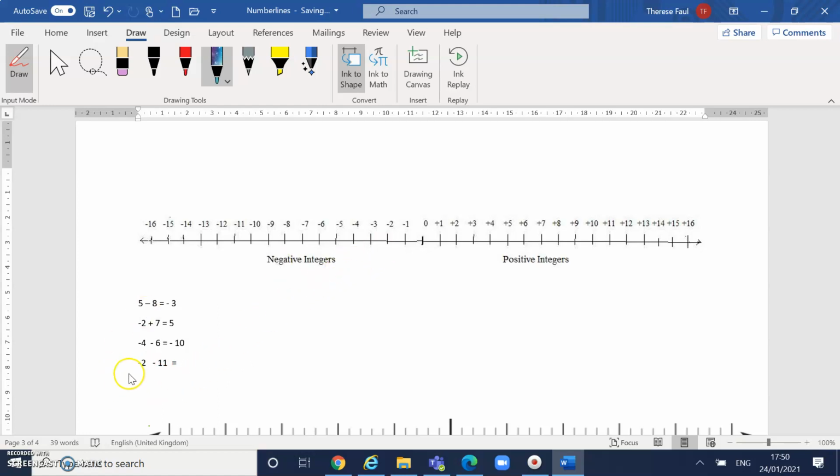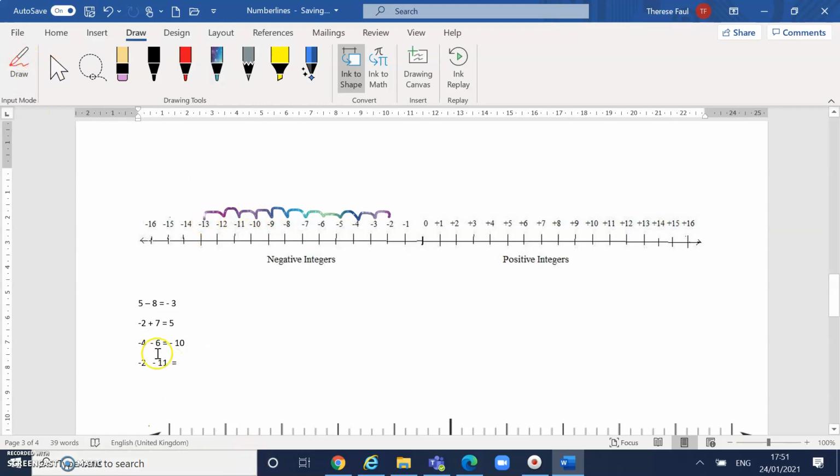We find the first digit on the number line, which is minus 2, up here, and we're taking away 11, so we're working our way towards the left again. So 1, 2, 3, 4, 5, 6, 7, 8, 9, 10, and 11. And we end up with minus 13.